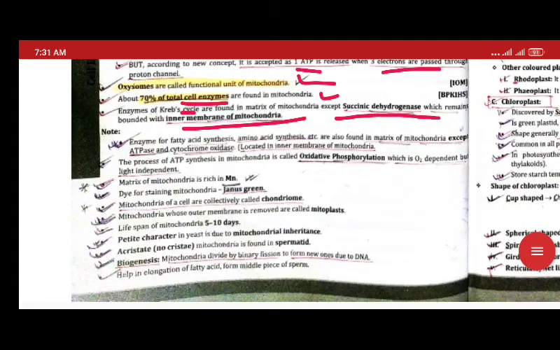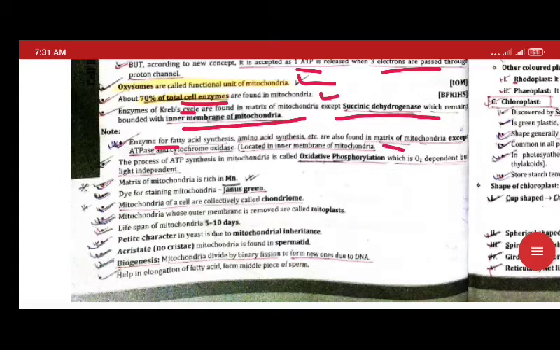Now note here that for fatty acid enzymes, all are present in the matrix except ATPase and cytochrome oxidase, which are on the inner portion.